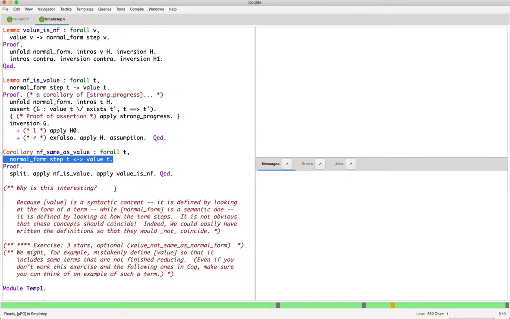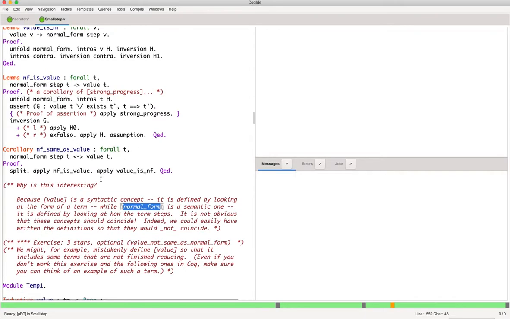Right? So that's the notion of normal forms. So normal forms are all the places that the evaluation ends up in, and values are a syntactic characterization of certain terms. And this proof for this language at least shows that those two notions coincide.